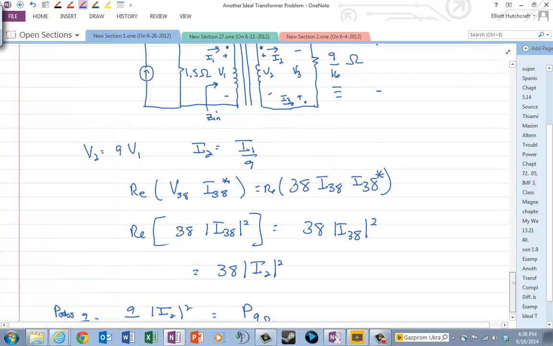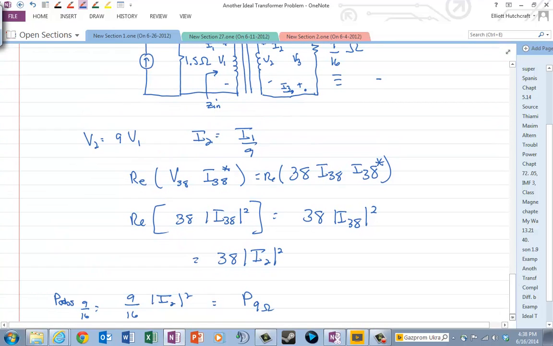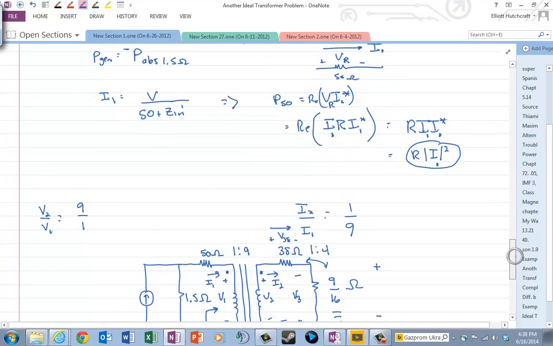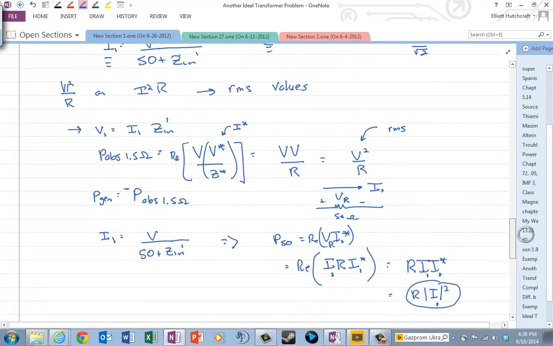Well, okay, if we want to back it all the way out, though, maybe we want to do that and get the current and voltage in the secondary side of the second transformer.